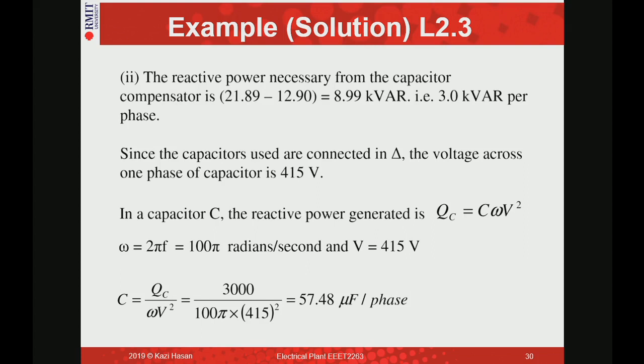So this was about power factor correction. We have to calculate a new Q for reactive power. Then from that reactive power, we use this formula to calculate our required capacitance.